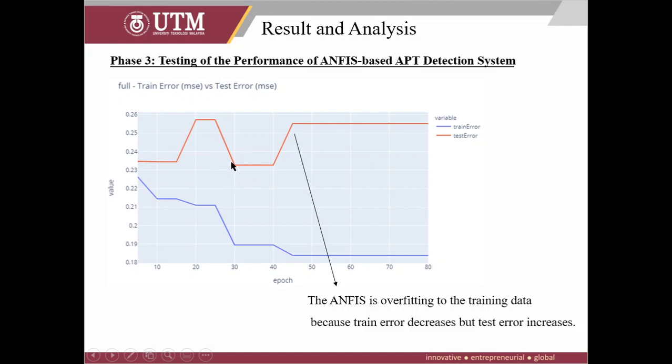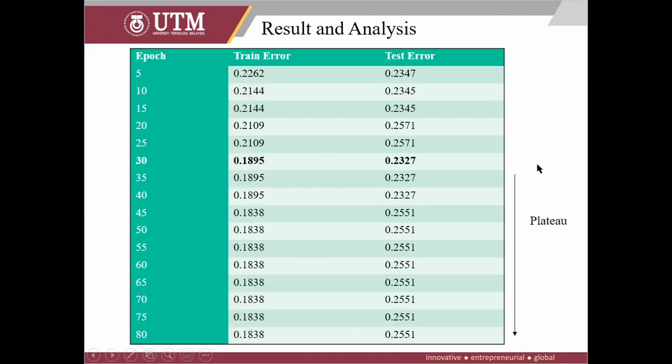The result we are taking from here is that epoch 30 is the best epoch that we have, so we are taking epoch 30 as our result. This is the same result in table form. We have a test error of 0.23.